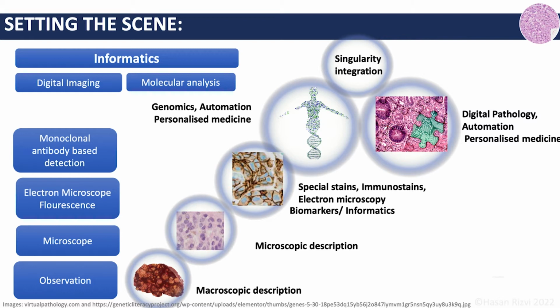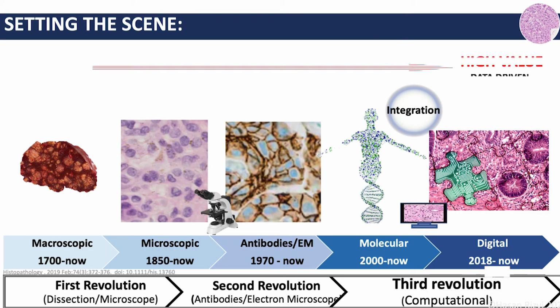So we're now entering an era where digital pathology and molecular are contributing to personalized medicine, where instead of using a generic treatment or a generic diagnostic standard for disease, you're fine-tuning it for each individual patient. This is based mainly on data or informatics, and eventually all of this will just be bits and bytes of data which we'll analyze.